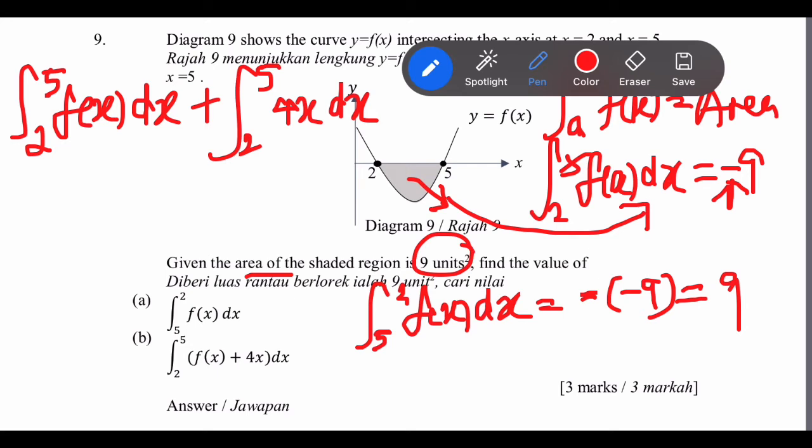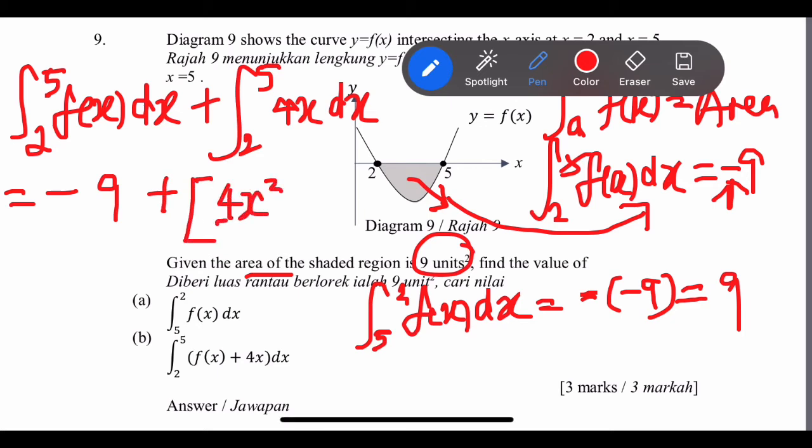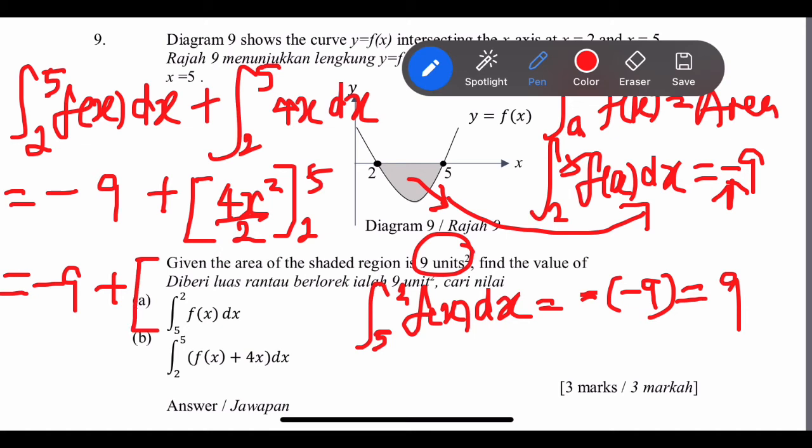After that, you substitute, all right? Integrate from 2 to 5 fx dx is negative 9 plus with the integration of 4x, so you will get 4x squared over 2, right? And you substitute the limit inside there. Before that, please simplify 2x squared and then from 2 to 5, right? So when you substitute, you always substitute the upper limit minus the lower limit.